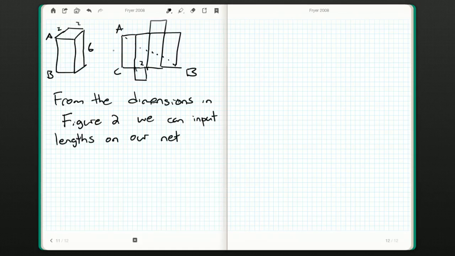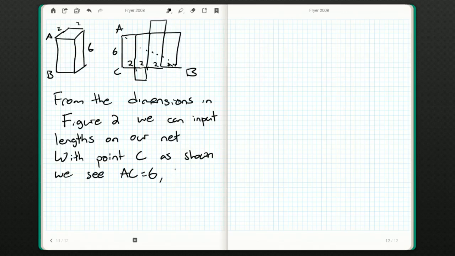So we get 2, we get a 6 here, we get a 2 here, and a 2 here, and a 2 here. So with point C as shown, we see AC is 6 and CB is 8. So 4 copies of 2 added up together.